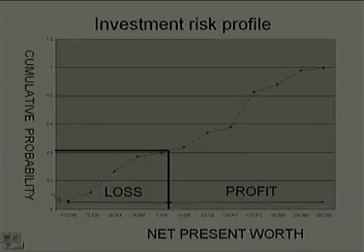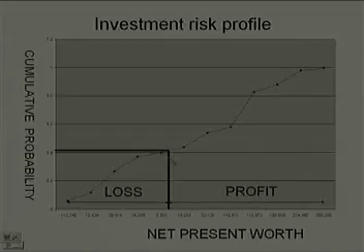So this particular line, which is shown in the blue, is nothing but the investment risk profile. Now you can find that this risk profile has been divided into two parts. One is showing you the loss and another is showing you the profit.